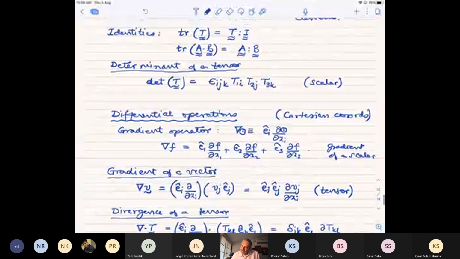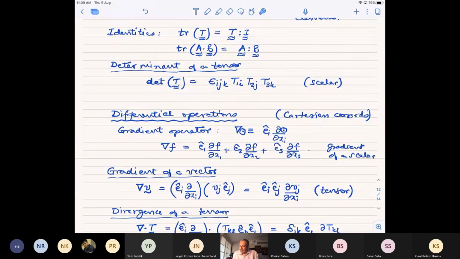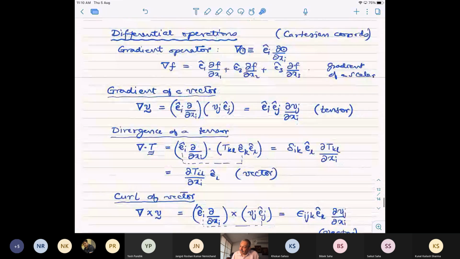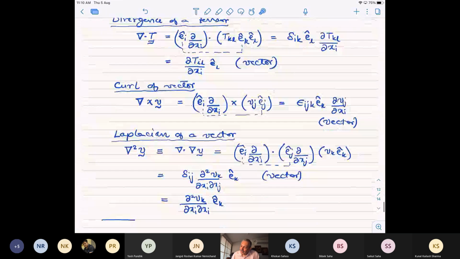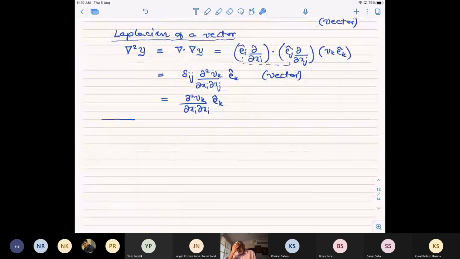Up to this point, it doesn't matter whether it's Cartesian, cylindrical, or spherical coordinates, all these equations are valid. Whether 1, 2, 3 is XYZ or R theta phi or R theta Z, it doesn't matter. But when you talk about differential operations, the formulas I gave you are only for Cartesian coordinates, that is the XYZ coordinate system.